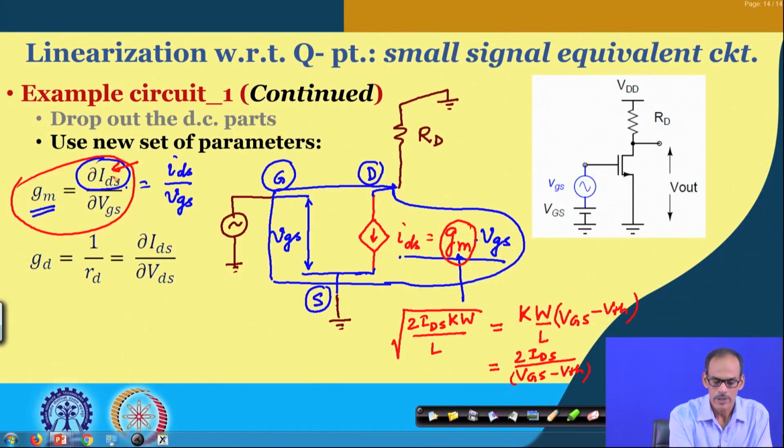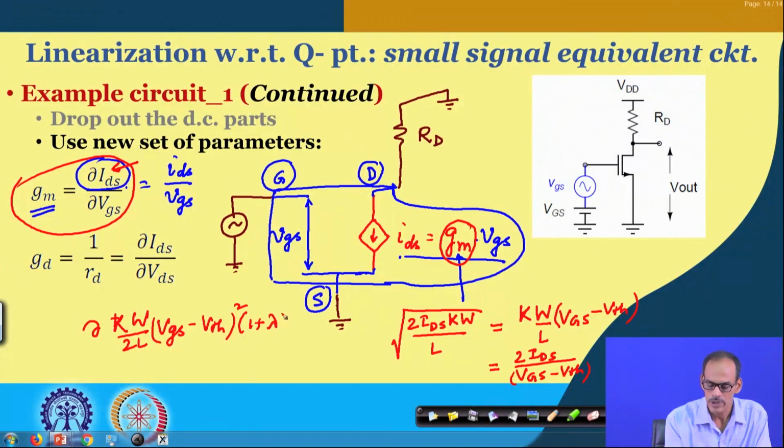So, for example, if I consider the variation of IDS, and IDS is k W by 2 L times VGS minus VTH squared into 1 plus lambda VDS, with respect to VGS, you almost get this one, except this VGS will be small VGS, whereas we are using capital VGS, and then the 1 plus lambda VDS part.